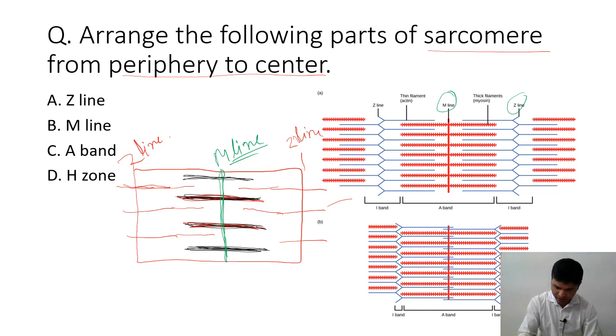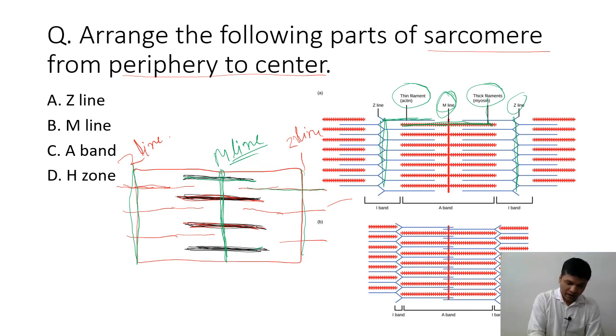This one is myosin, and this one is actin. So here arrange the following parts of the sarcomere from periphery to center.